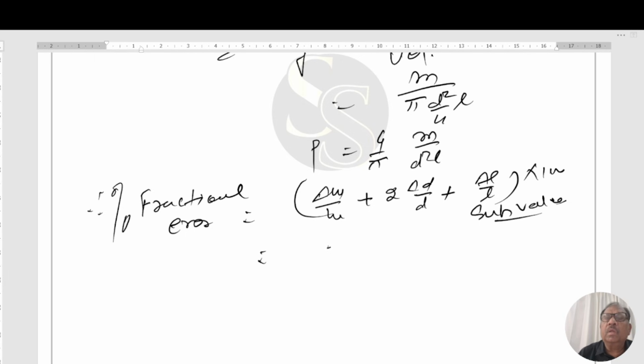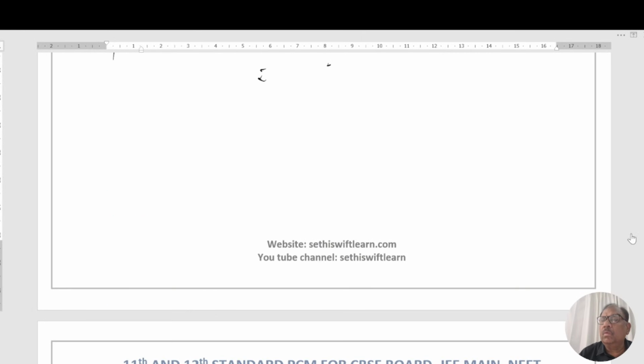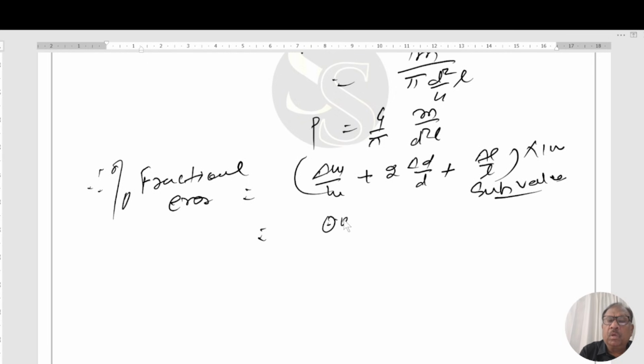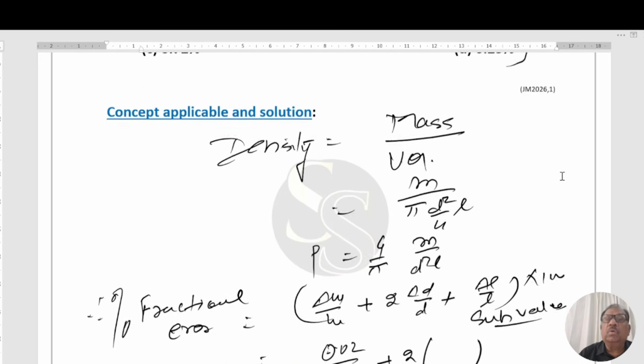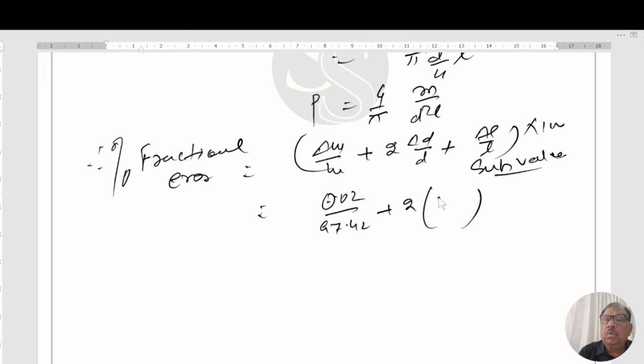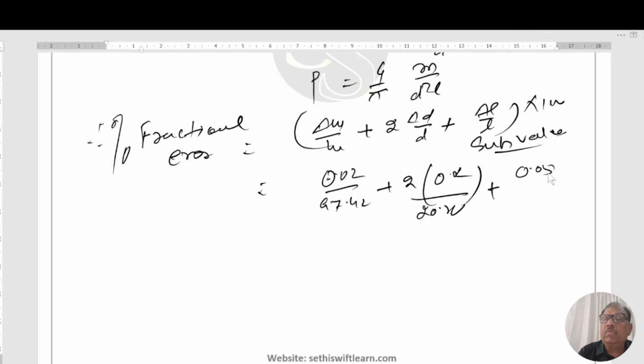This comes out to be 0.02 upon 97.42 plus 2 into 0.02 divided by 20.20 plus 0.05 upon 8.35, into 100.